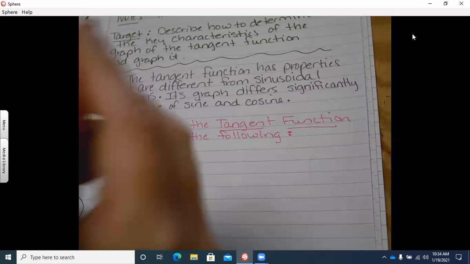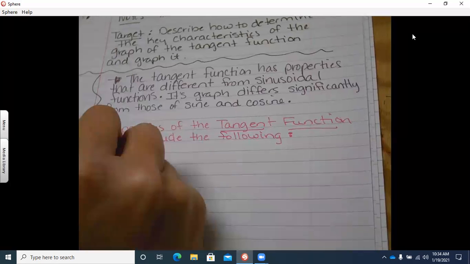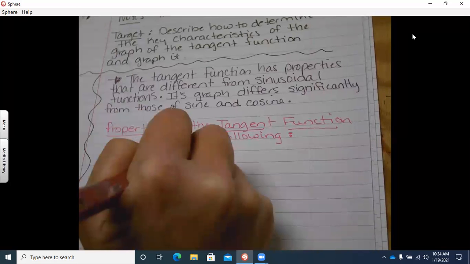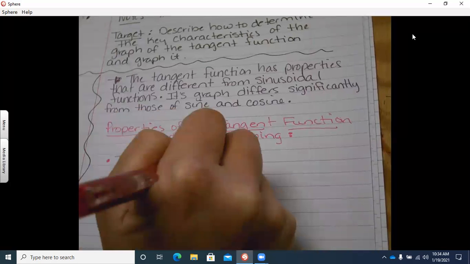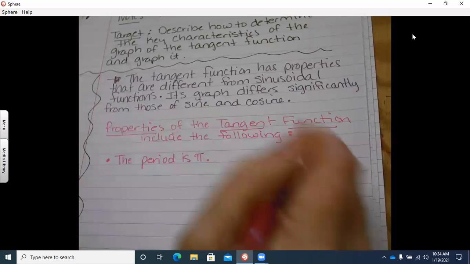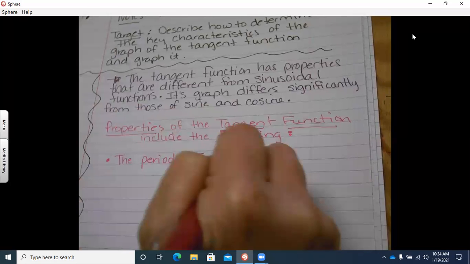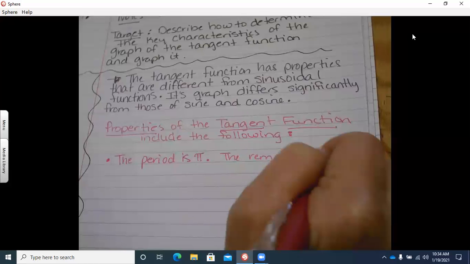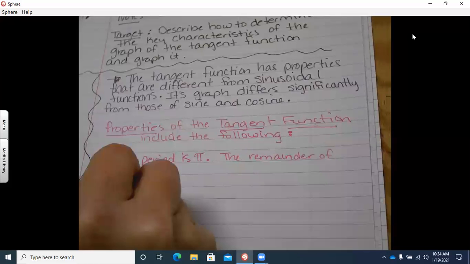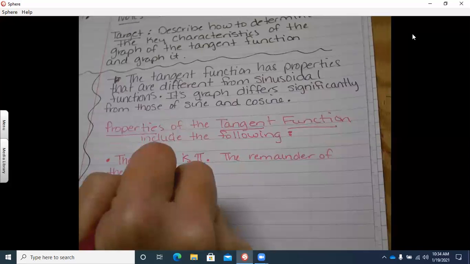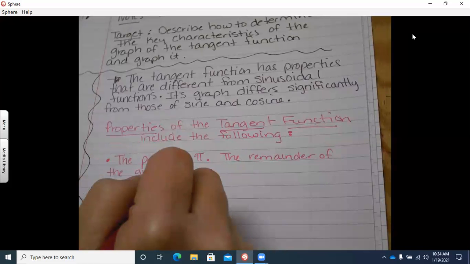The period is pi. The remainder of the graph consists of repetitions of the graph at intervals of pi.